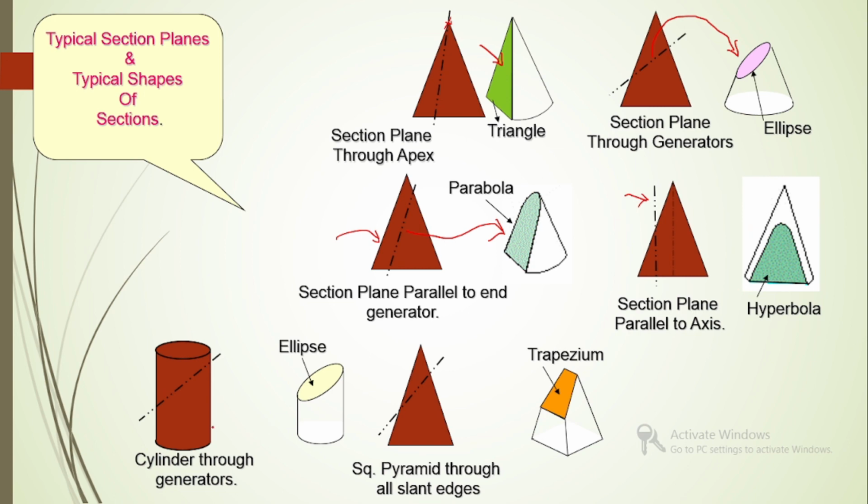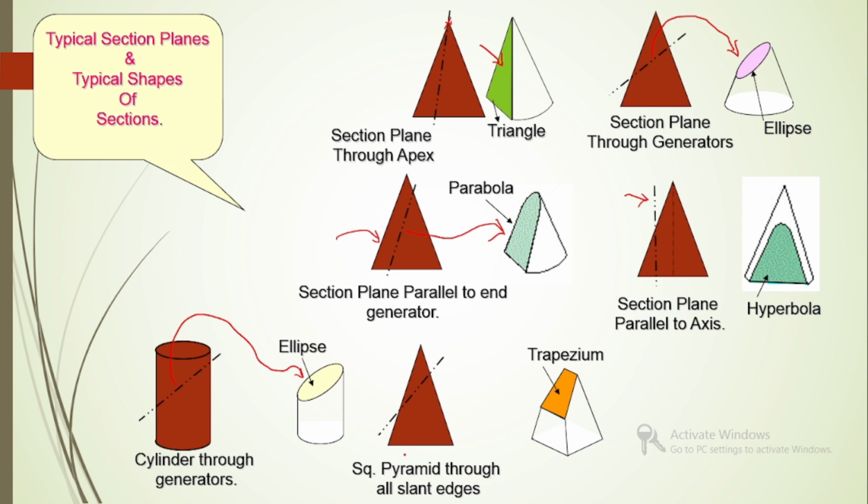Then in the case of a cylinder, when we cut a cylinder like this in such a way that the section plane is cutting all the generators, then this sectioned surface has a shape like this, which is an ellipse.